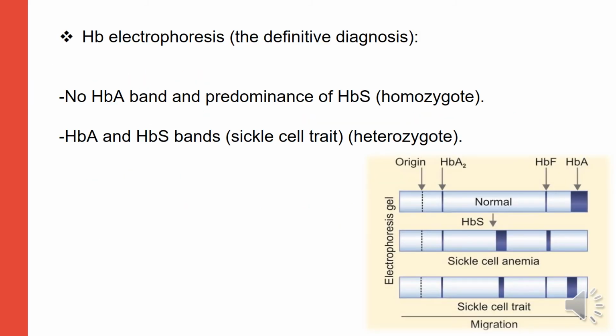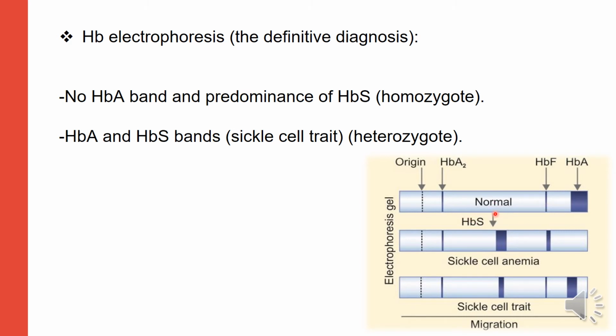Hb electrophoresis is required for the definitive diagnosis of sickle cell anemia. In homozygotes, there is no HbA band, and there is a predominance of HbS, while in heterozygotes, there are HbA and HbS bands. So this is a normal person.